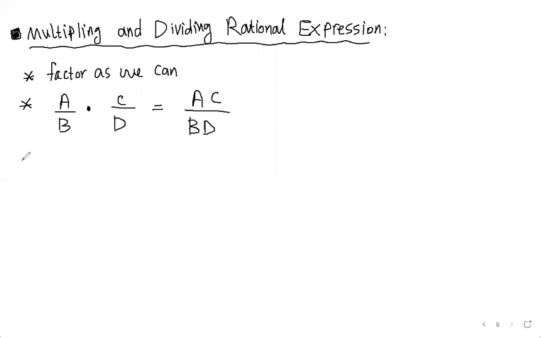So now I'll give you an example. How can we multiply these fractions: x squared minus 25 over x squared minus 9, times x plus 3 over x plus 5?